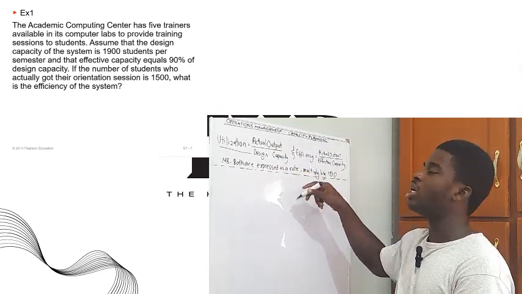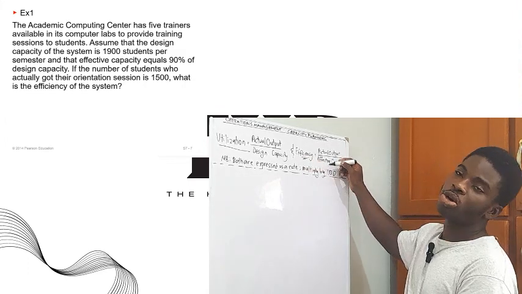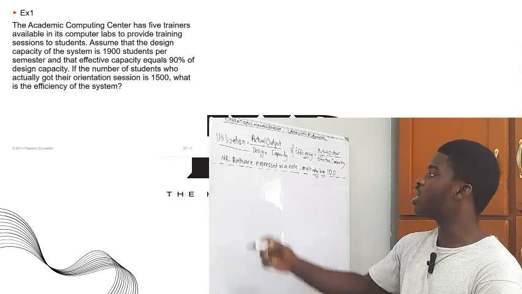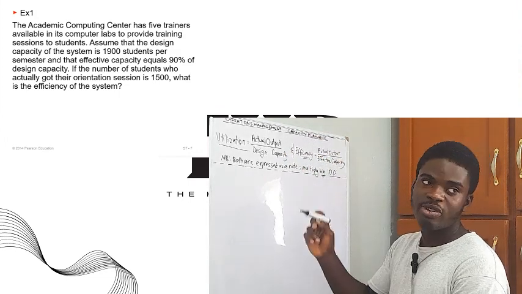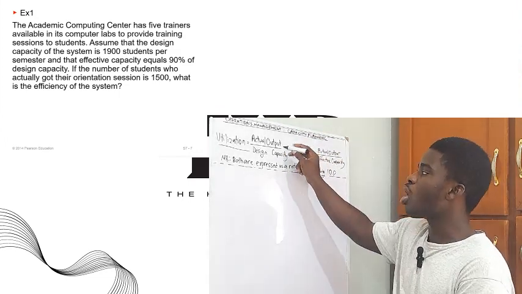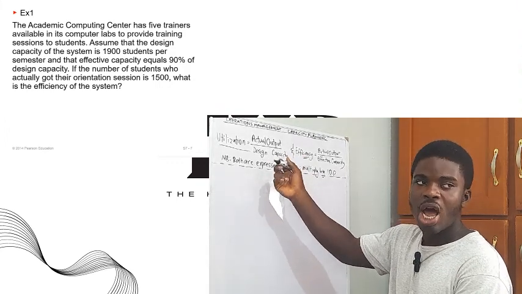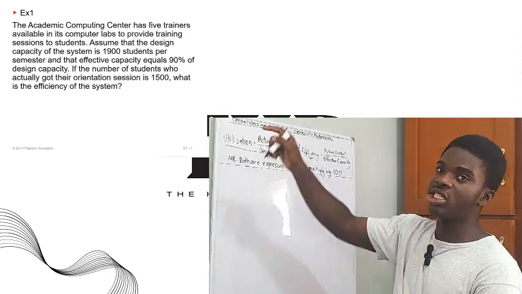The efficiency is measuring the percentage of effective capacity that is actually used. That's why utilization is actual divided by the design capacity times 100. Looking for the percentage: the design capacity that we set, how much of it do we actually use? This question really answers for utilization.